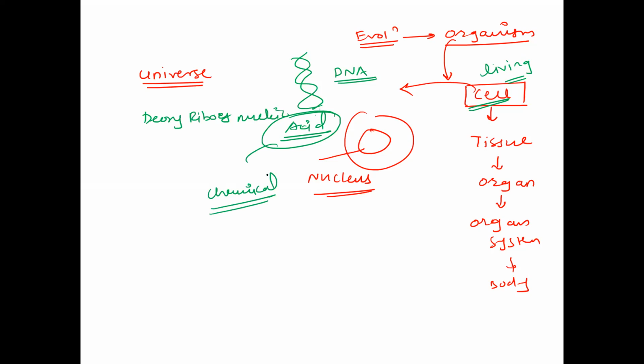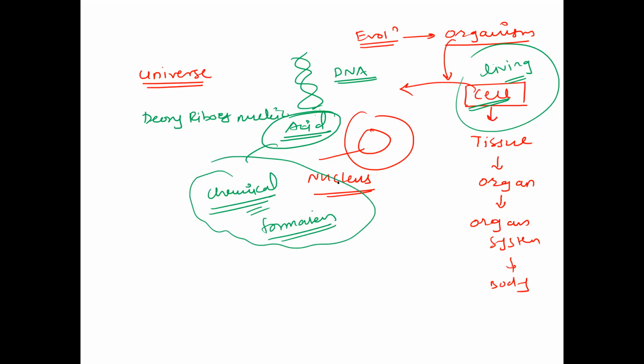So remember this, our living presence or living existence is somewhere related to what? Chemical formation. Are you getting what I'm saying? It means we must have had some chemicals, and from that chemical the DNA was generated, and that DNA will further lead to the formation of cell, and further this whole biodiversity has arisen.